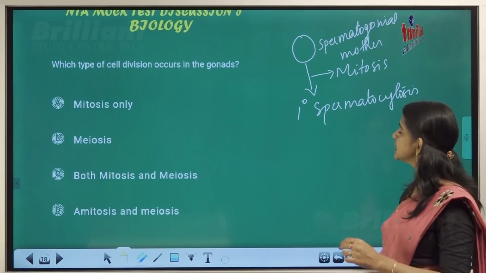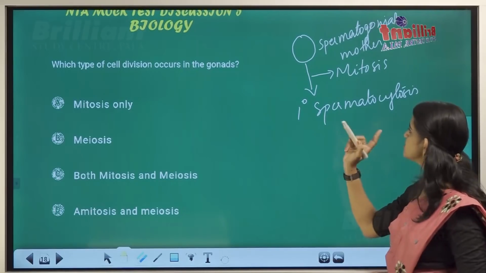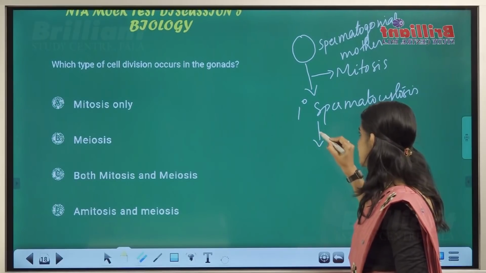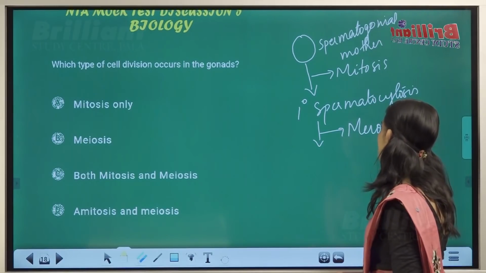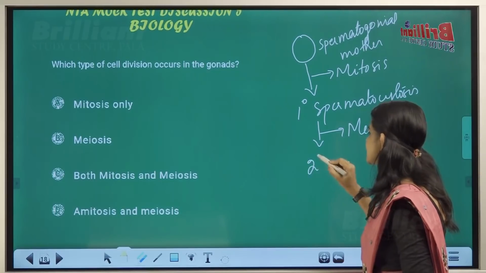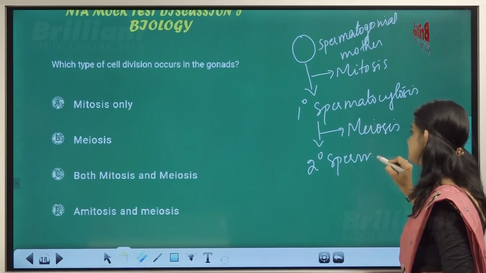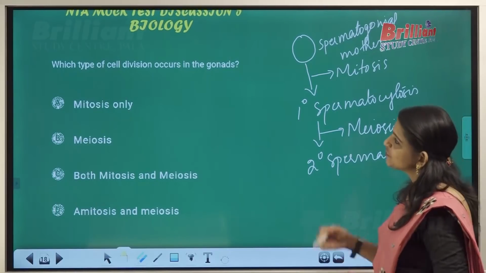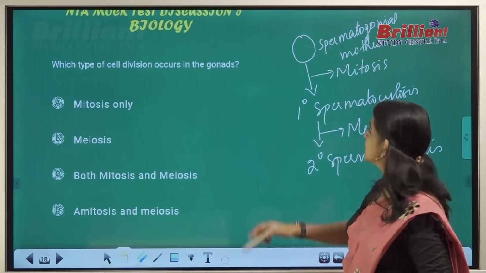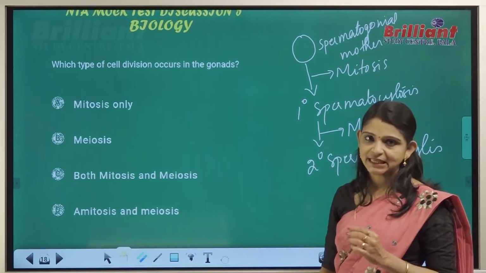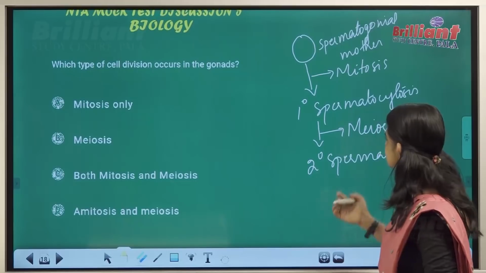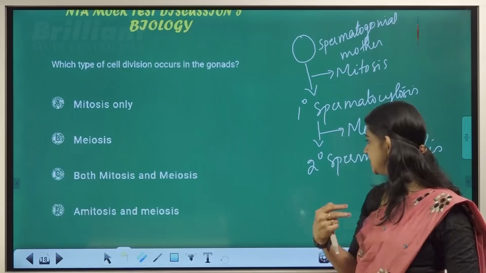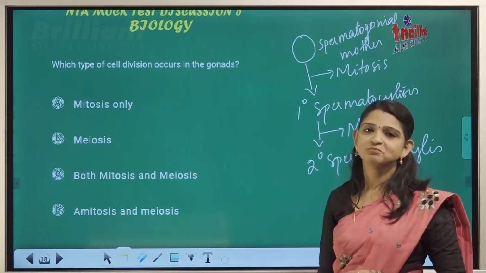Then primary spermatocytes undergo meiosis and produce secondary spermatocytes. So, if you are considering the gonads, in gonads, both mitosis and meiosis are taking place. Mitosis is for increasing the number of cells, whereas meiosis is for reducing the chromosome number.